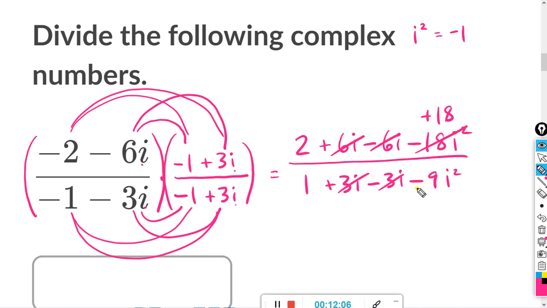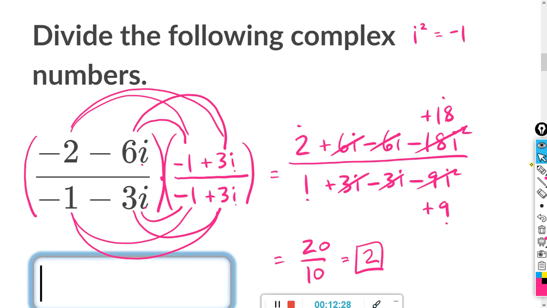Negative 9 times negative 1 is positive 9. And we have 2 plus 18 in the numerator. That's 20. We have 1 plus 9 in the denominator. That's 10. And 20 divided by 10 is just 2. Let's put that in the box.